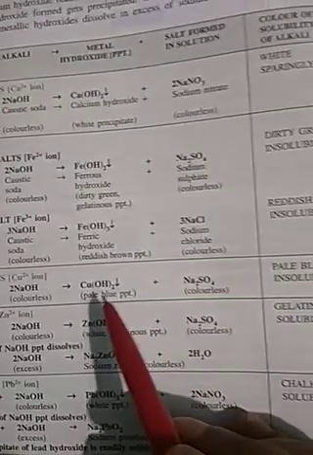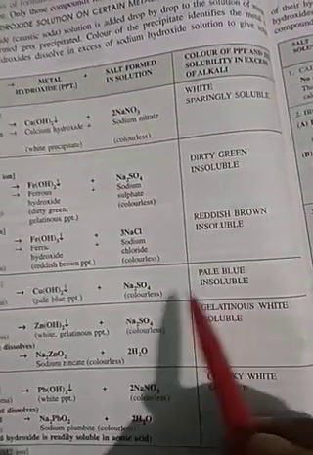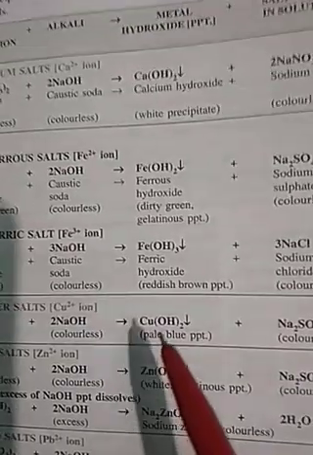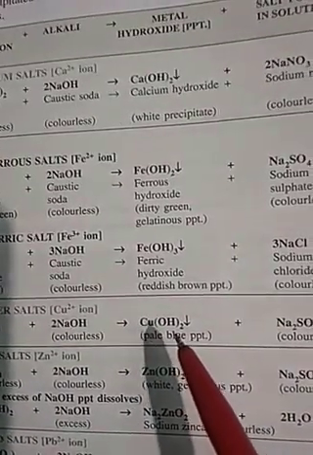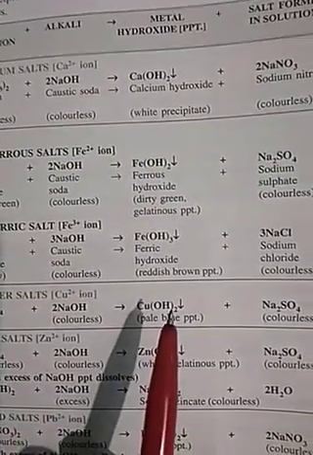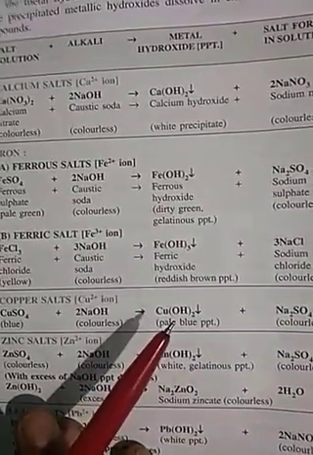This pale blue precipitate is insoluble. If we are asked in the exam, and we know that it forms a pale blue, meaning light blue, precipitate, in some cases it may form a dark blue precipitate. If we are missing the exact color, we can say it forms a bluish precipitate.